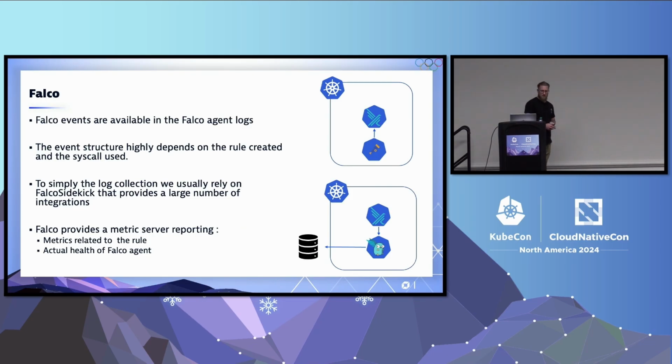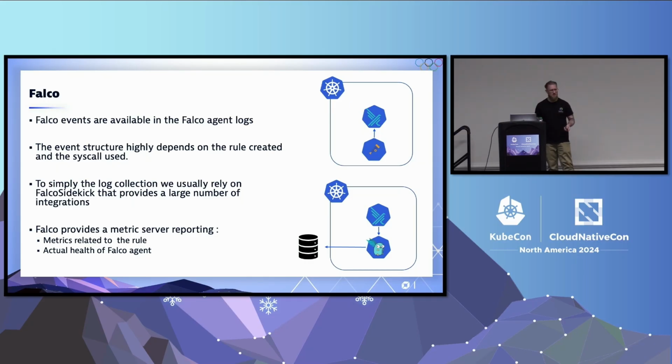So Falco. Falco produces events from its rule-based engine: the events go through the rule-based engine, and when the engine says yes, it's an event, it throws it. You can collect the logs from the Falco rule engine very easily by looking at the logs. But like I said, the structure of the log depends on the output defined in the rule, and that becomes very complicated to parse, or you have to create different parsers.